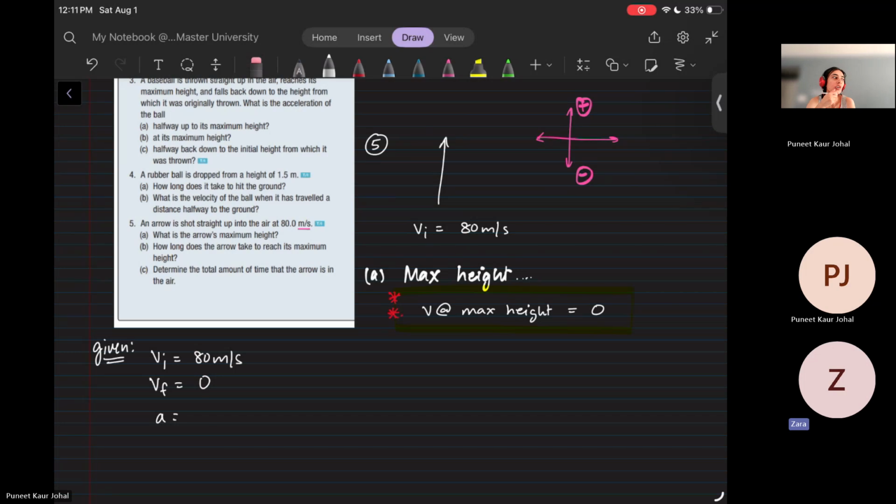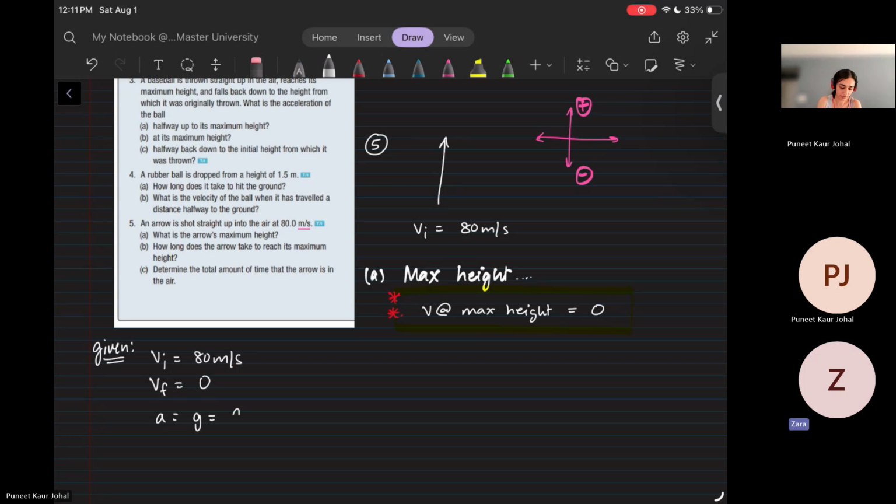But also in vertical motion, what causes acceleration? Where is acceleration coming from? Even when it's going up, what is slowing it down when it goes up? Gravity. So is it just 9.81?